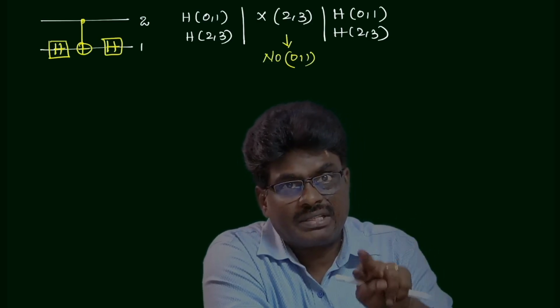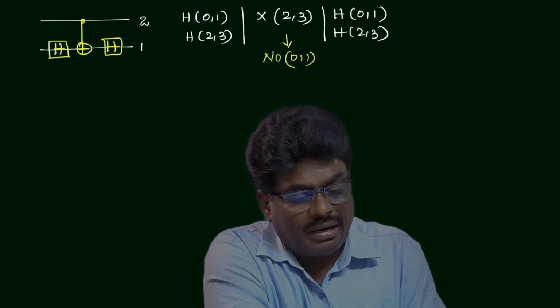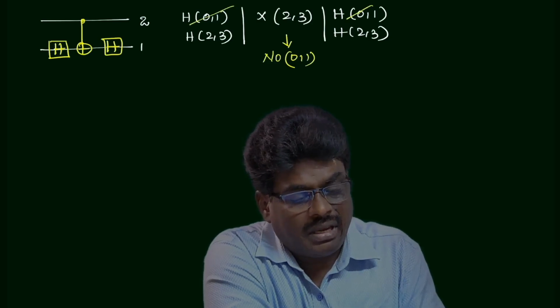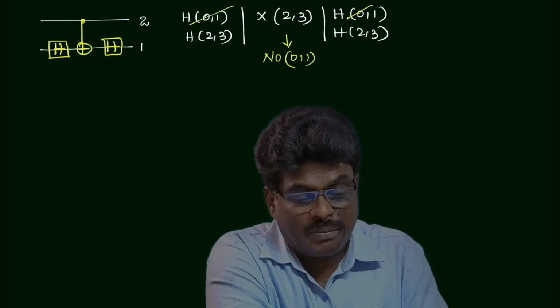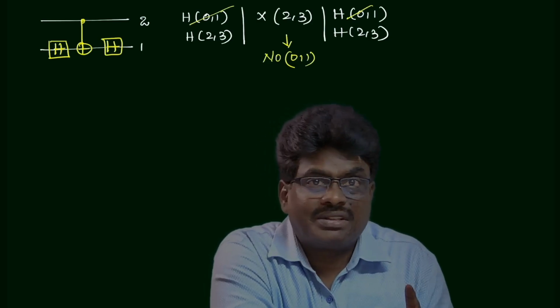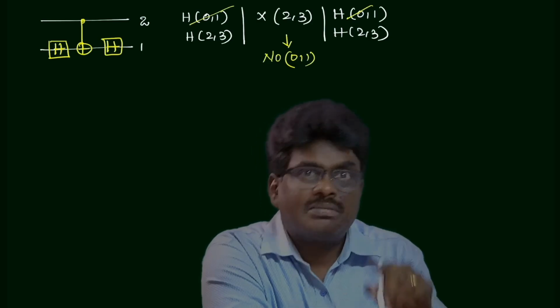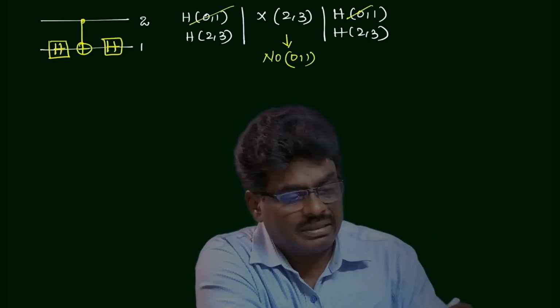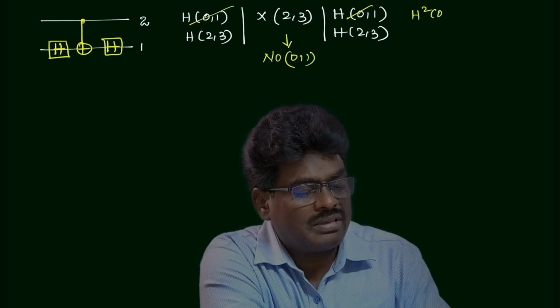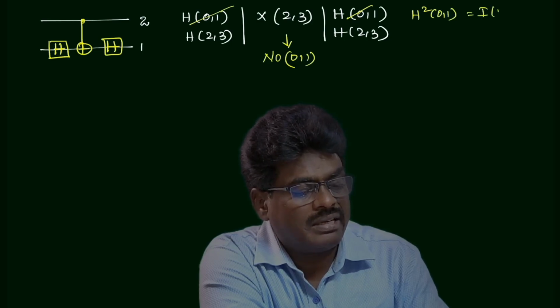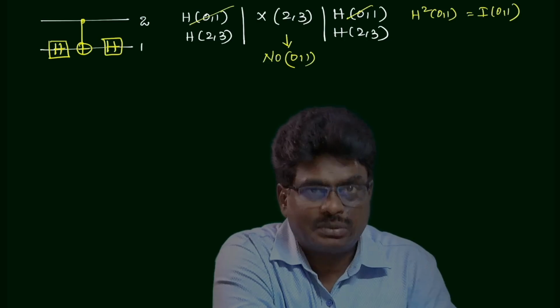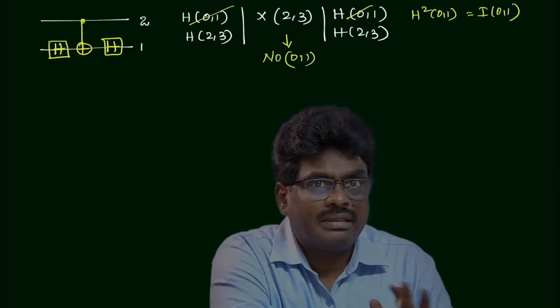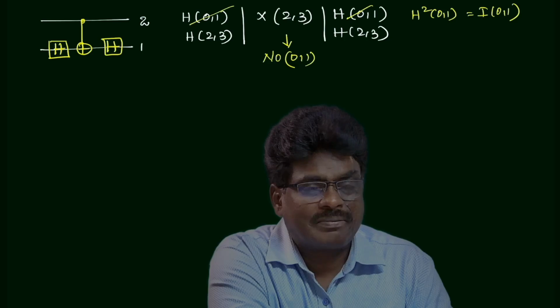That means you are interchanging that first one. Okay, and this H, you cannot multiply H01 with H23. H01 is multiplied with H01 only. Then it is H square 0 comma 1, which is identity 0 comma 1. So this one won't do anything with that 0 and 1 states.